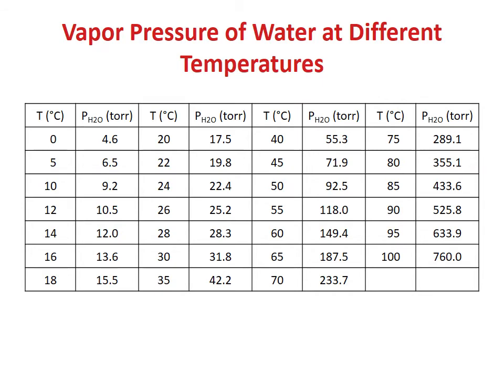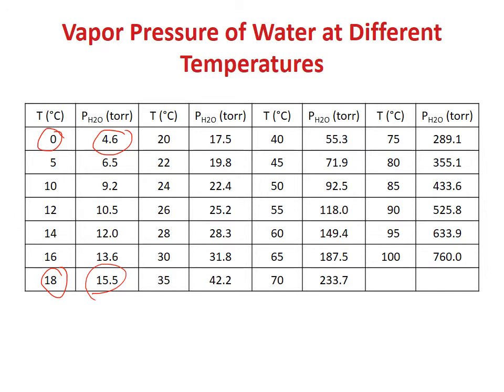Water has a vapor pressure that is temperature dependent. At a low temperature, vapor pressure is low. Increased temperature, increased vapor pressure. At 0 degrees, the vapor pressure for water is only 4.6 torr. When temperature goes to 18 Celsius, vapor pressure increases to 15.5.